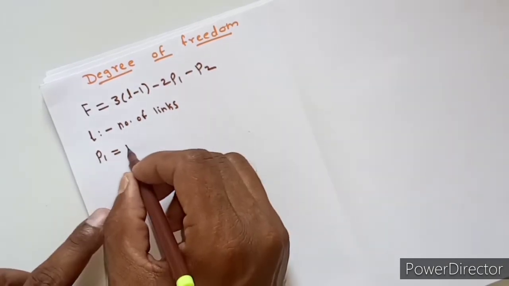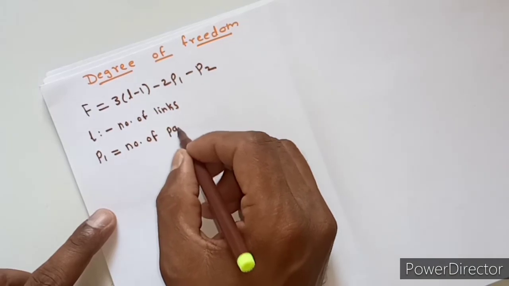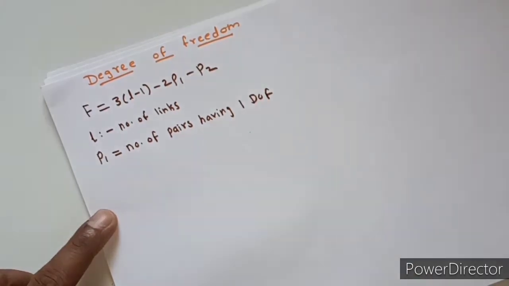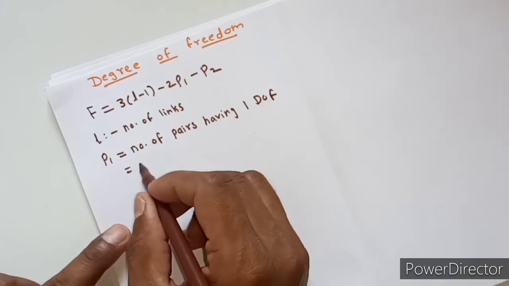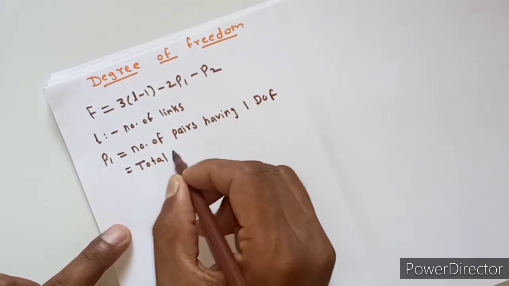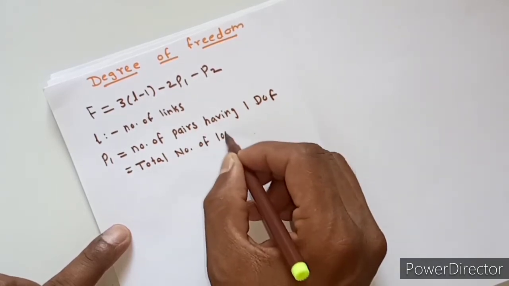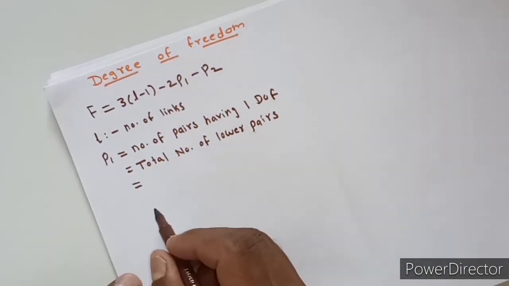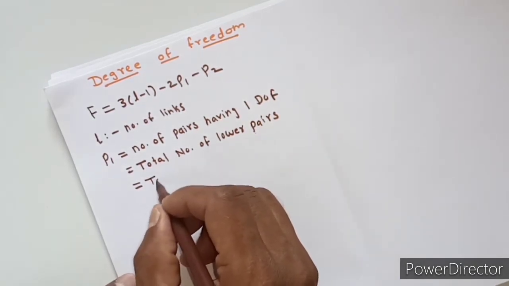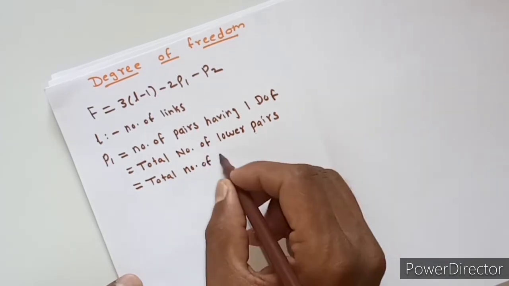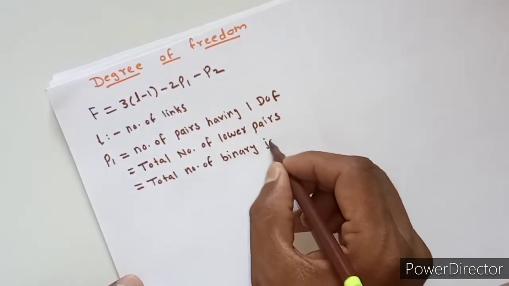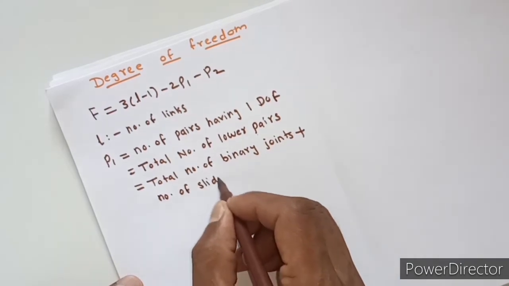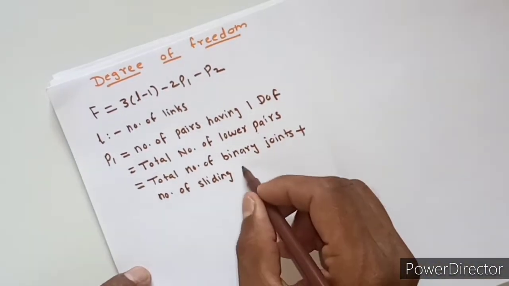P1 is the number of pairs in a mechanism having 1 degree of freedom, or total number of lower pairs, or we can define P1 as total number of binary joints in a mechanism plus the number of sliding pairs.